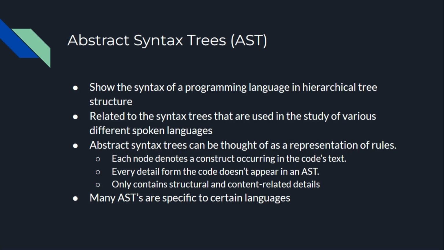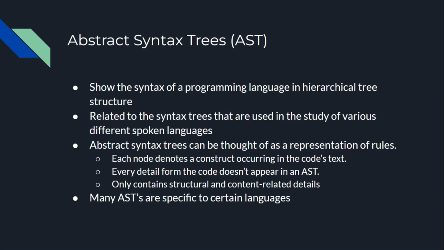An AST is a way of showing the syntax of a programming language in a hierarchical tree structure. The AST, or abstract syntax tree, can be thought of as related to the syntax trees used in the study of various spoken languages. It can be thought of as a representation of roots.